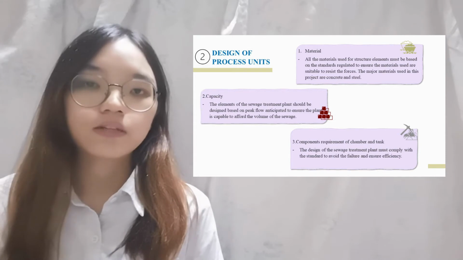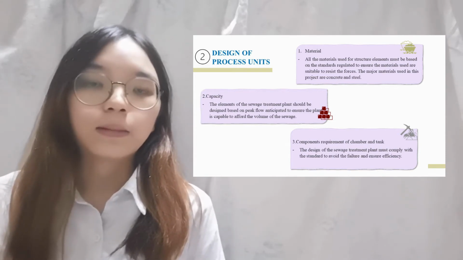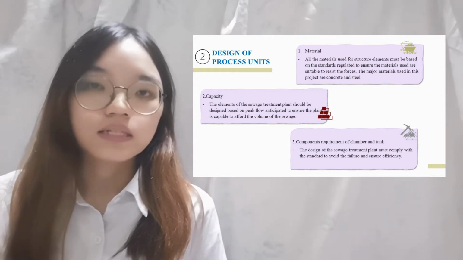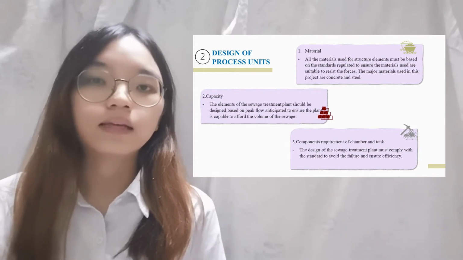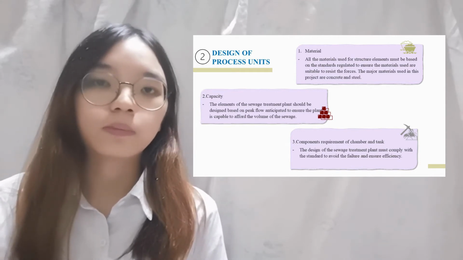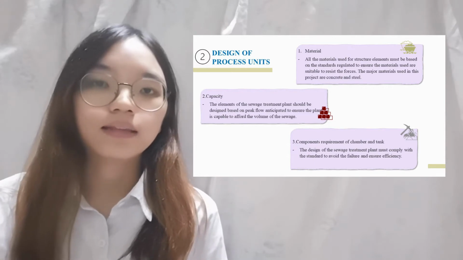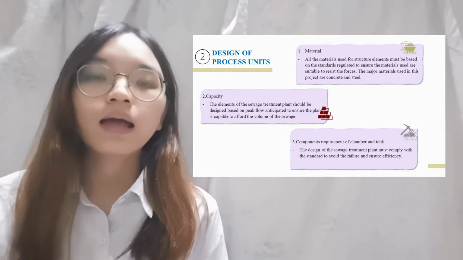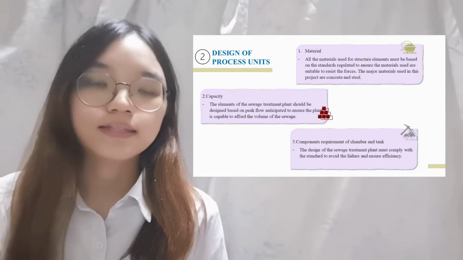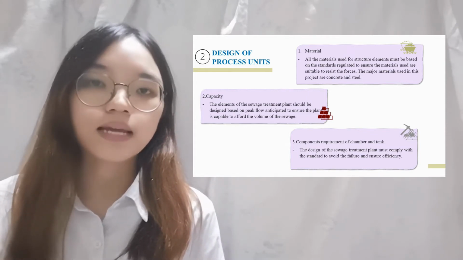The capacity can be determined by identifying the peak flow of sewage daily. Another method to identify the capacity is to measure the population size of the area that the plants serve.